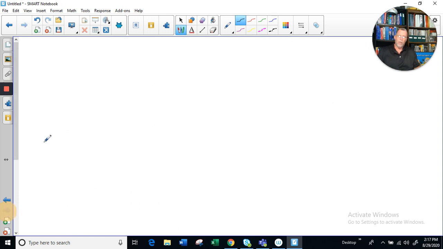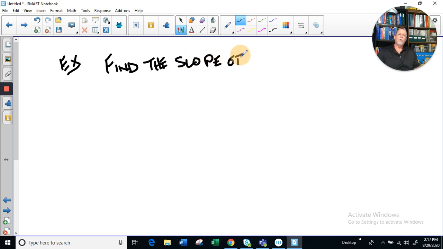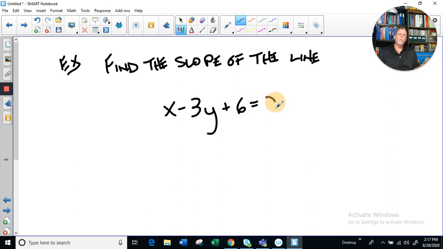If I said, again, find the slope of the line, and let's do this one: x minus 3y plus 6 equals 0.